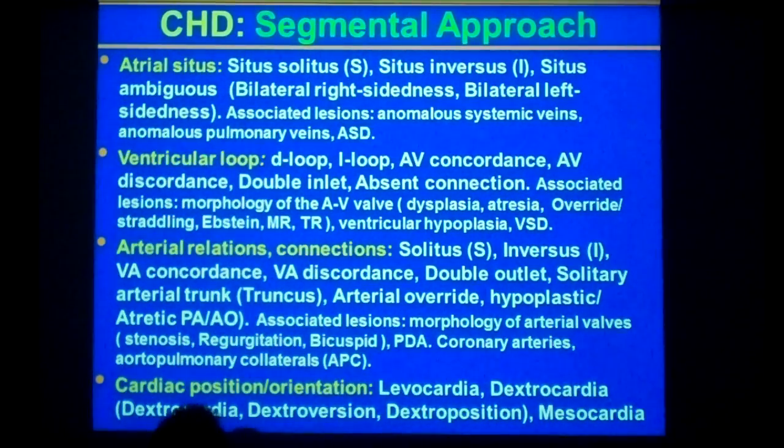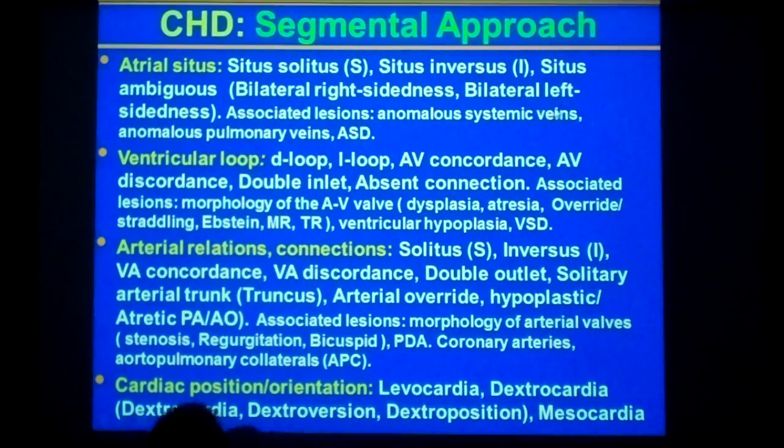If you see liver on the right and spleen on the left, IVC on the right, descending aorta on the left, that's normal arrangement of viscera in the abdomen, and that will correspond to normal position of the atrium. In the atrial segment, we also include what is inside the atria.